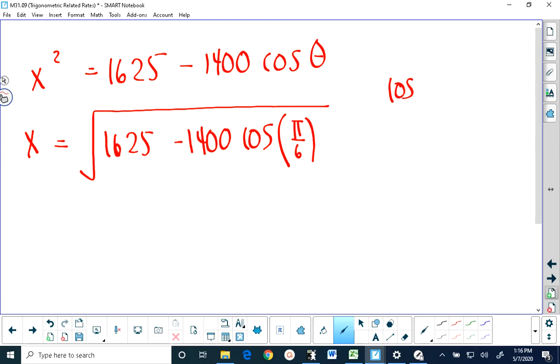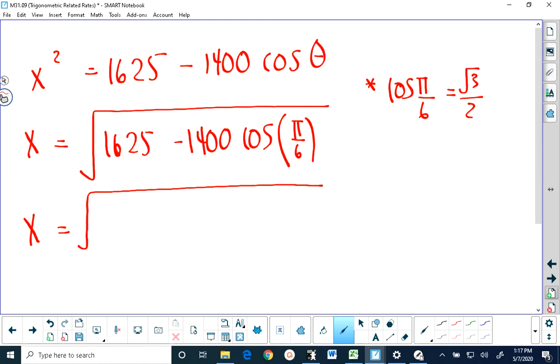Cosine of pi over 6 is root 3 over 2, which means we now know what x is equal to. X is equal to the square root of 1625 minus 1400 multiplied by the square root of 3 over 2, and the 1400 divided by the 2 cancels to give 700.